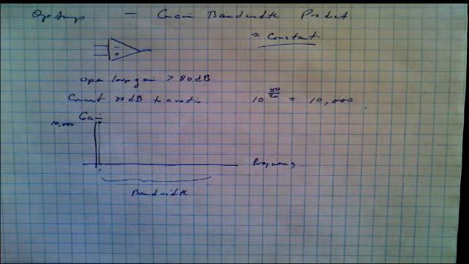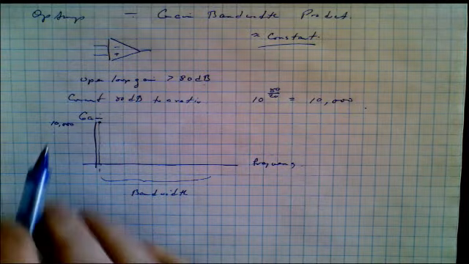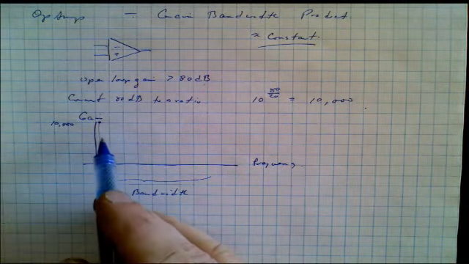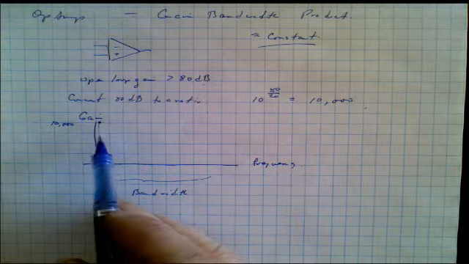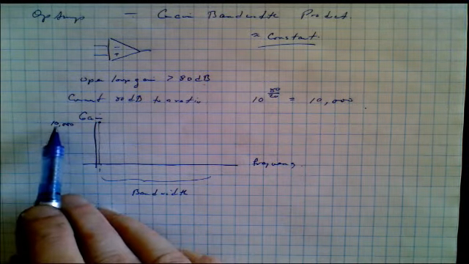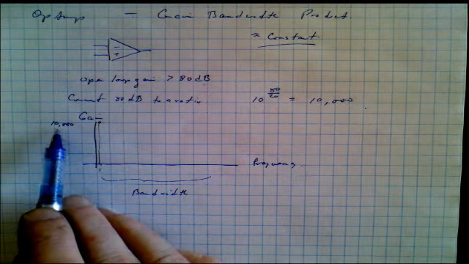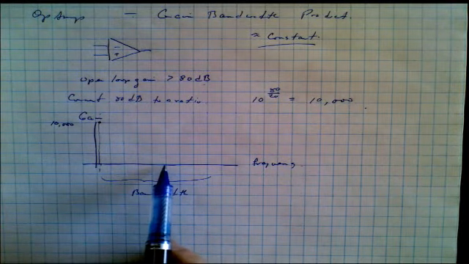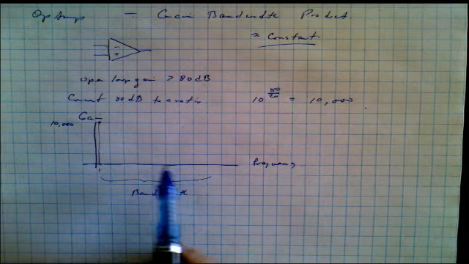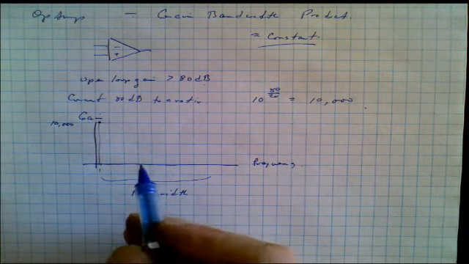On the other hand, if we were to drop that gain down to, instead of 10,000, 1,000, then we would be able to have a bandwidth of 10. And so that might be a little bit more useful.